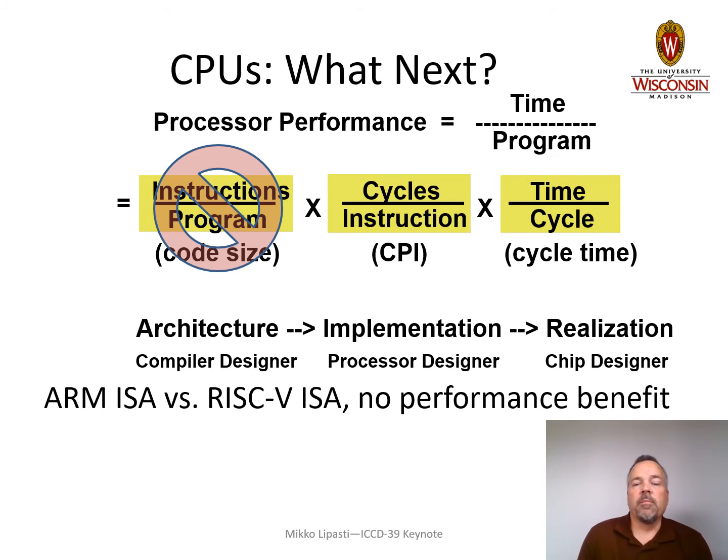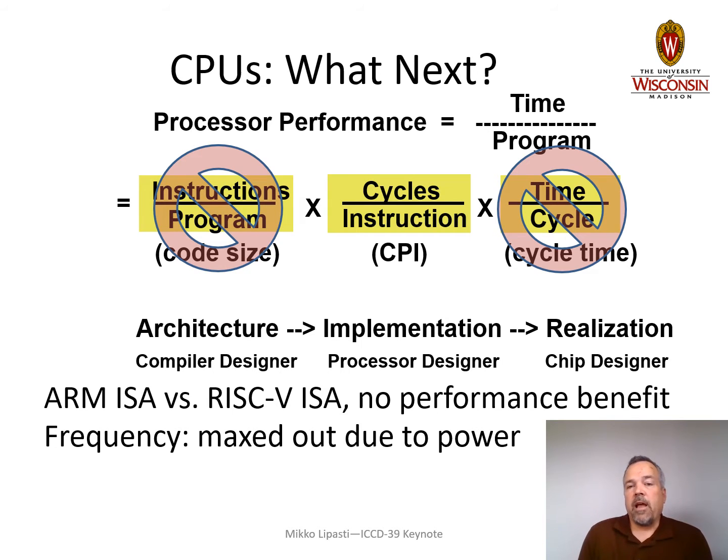We've gone from complex instruction sets like Intel's x86 to the ARM instruction set and many other reduced instruction sets like PowerPC, to the most recent example of this, the RISC-V ISA. And to first order, there's not really a fundamental benefit to be had from modifying the instruction set architecture. And also compiler optimizations have kind of petered out. There's been continuing advances there, but they're not as significant as one might have hoped.